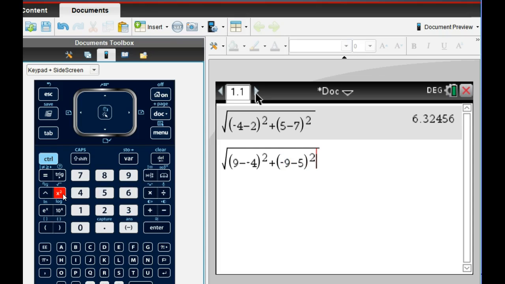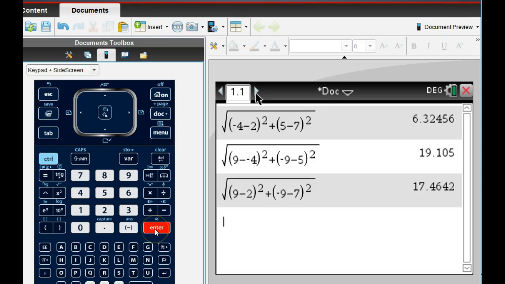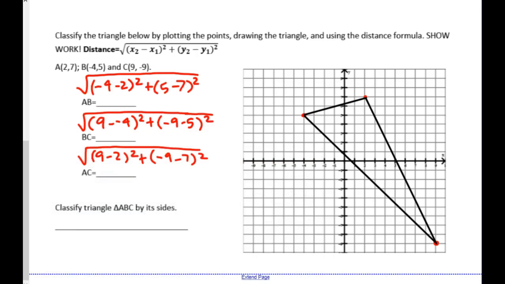So we double check, make sure we typed it in right, hit enter, we get 19.11. That 5 will make the 0 round up. And then we have 9 minus 2 squared plus negative 9 minus 7 squared. And we get 17.46. So we're going to take that and we're going to write it in.